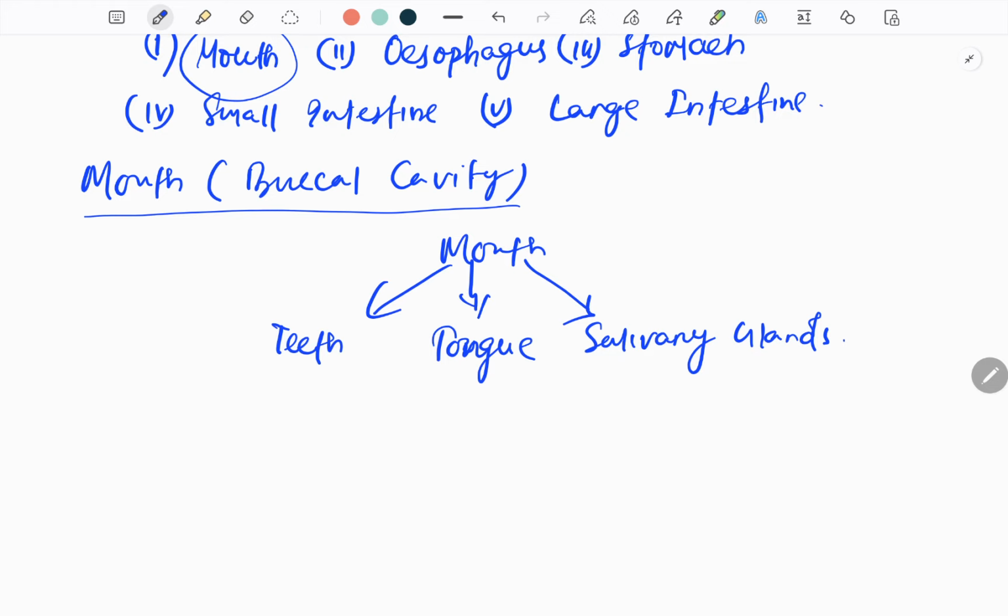Teeth, tongue, and salivary glands work together to process food.